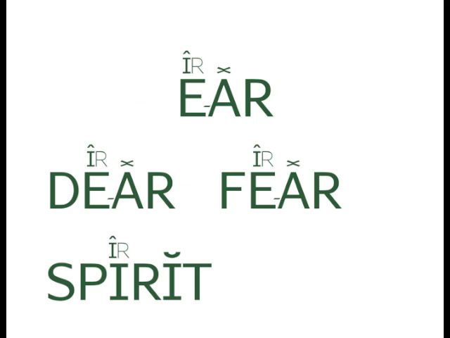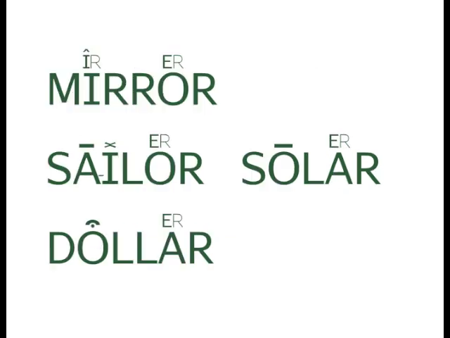EAR can also be pronounced ear, and while the letters IR in short words is usually pronounced ER, in longer words it is usually pronounced ear. OR and AR at the end of words will usually have the sound of ER, and of course ER at the end of words will have its normal sound of ER.